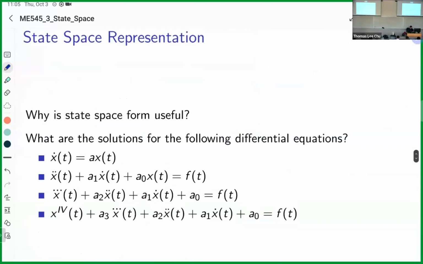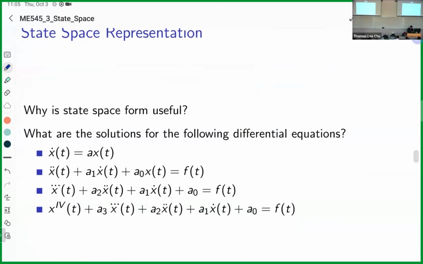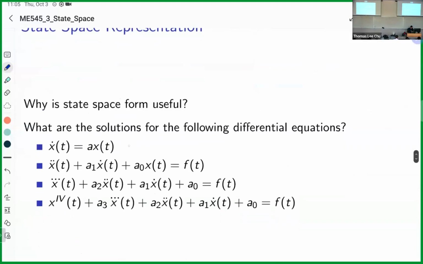So why is state space form useful? If we were looking at the solutions to these differential equations, this one's easy. It's just an exponential decay, so e to the minus at is the solution.